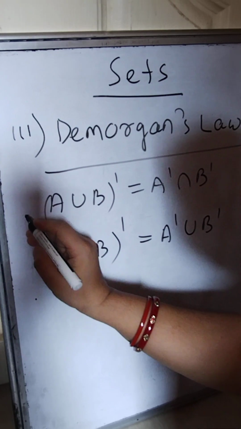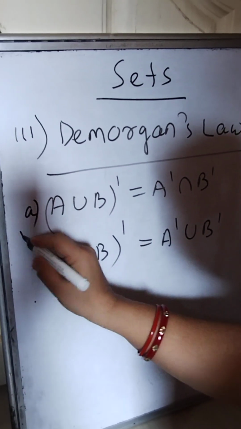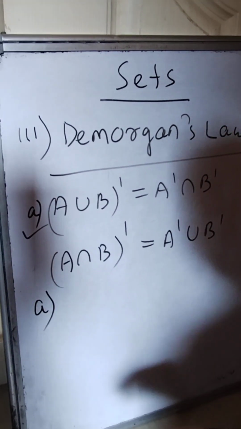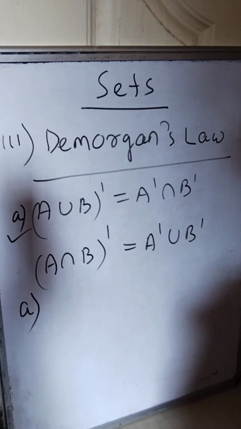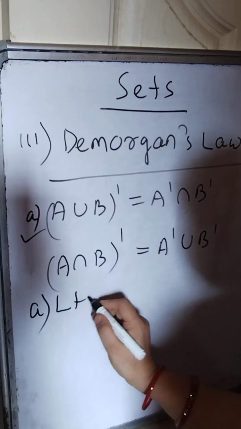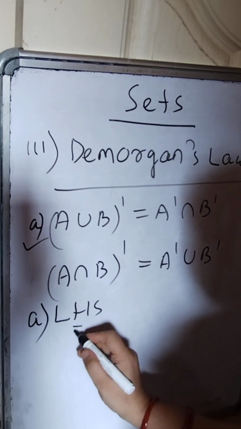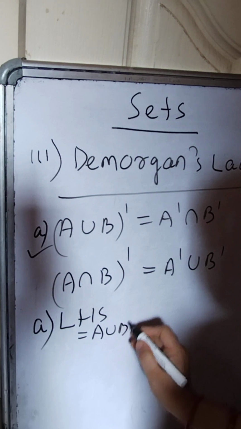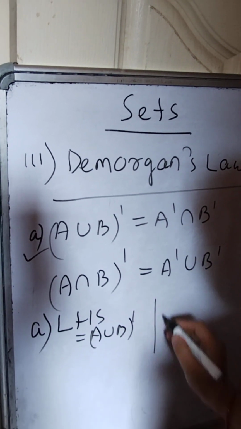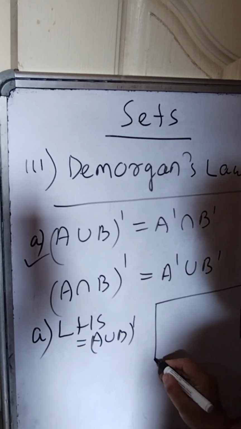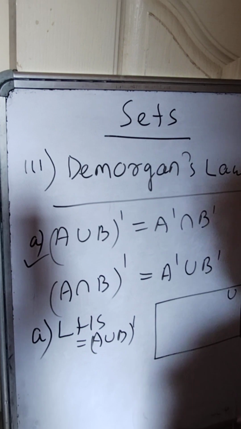Let us first prove the first property using Venn diagram. Your LHS is A union B complement. You show this in Venn diagram. This is our universal set.